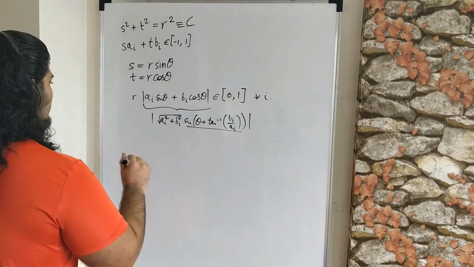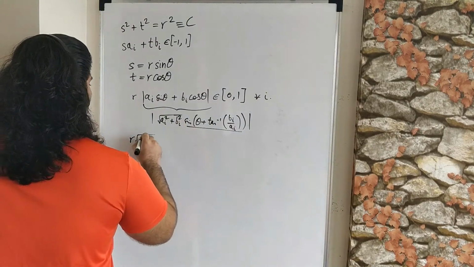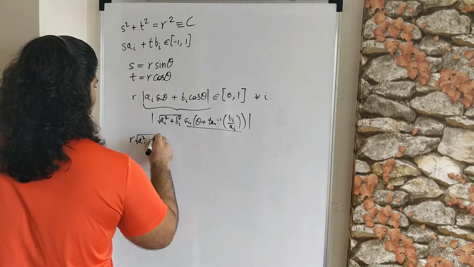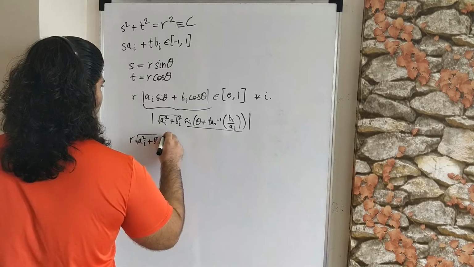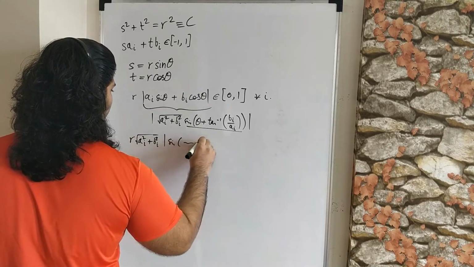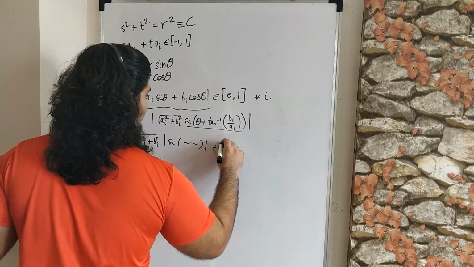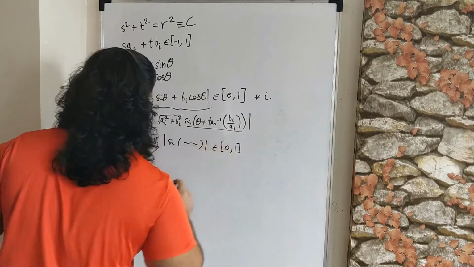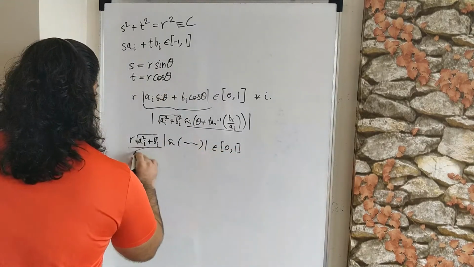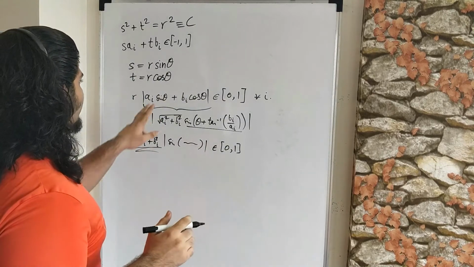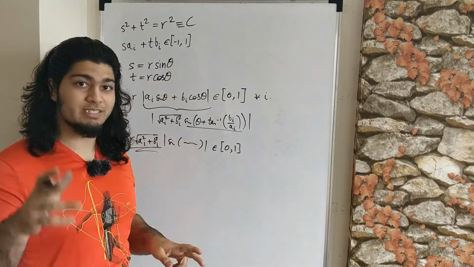So now we want |r(a_i² + b_i²) sin(stuff)| to be in 0 to 1. Well, that means that this must be in 0 to 1, because notice that we are taking theta all the way from 0 to 2 pi.